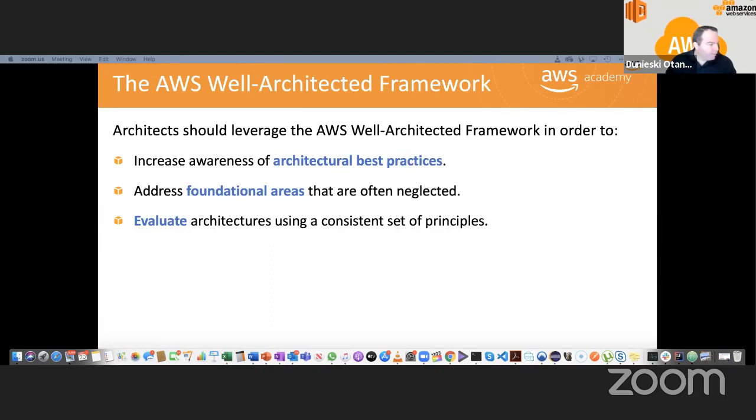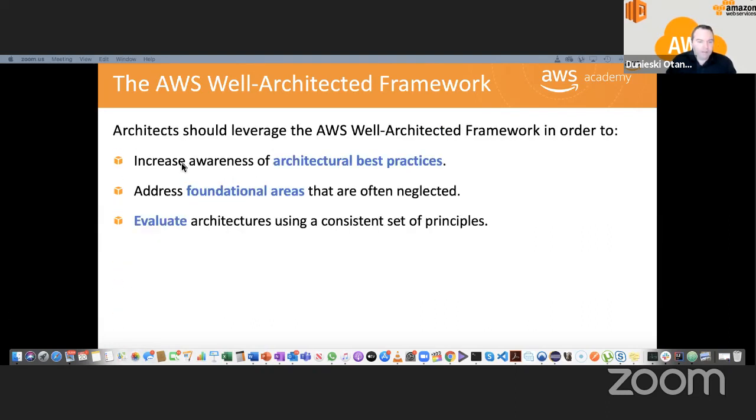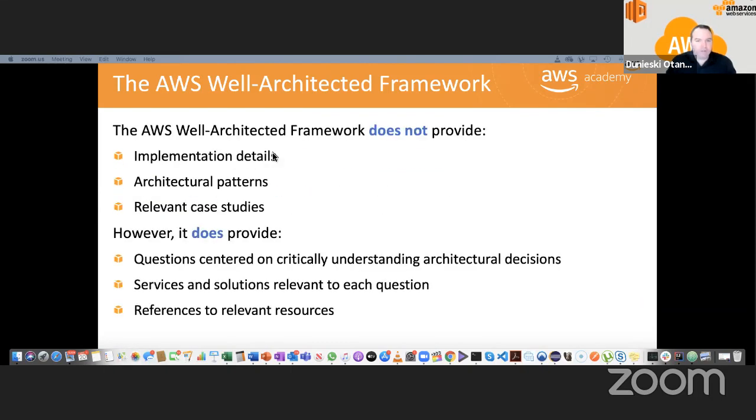So the well-architected framework does not provide implementation details. It does not do that, right? It does not provide architectural patterns. It does not provide relevant case studies. What it does is provide you with questions centered on critically understanding architectural decisions.